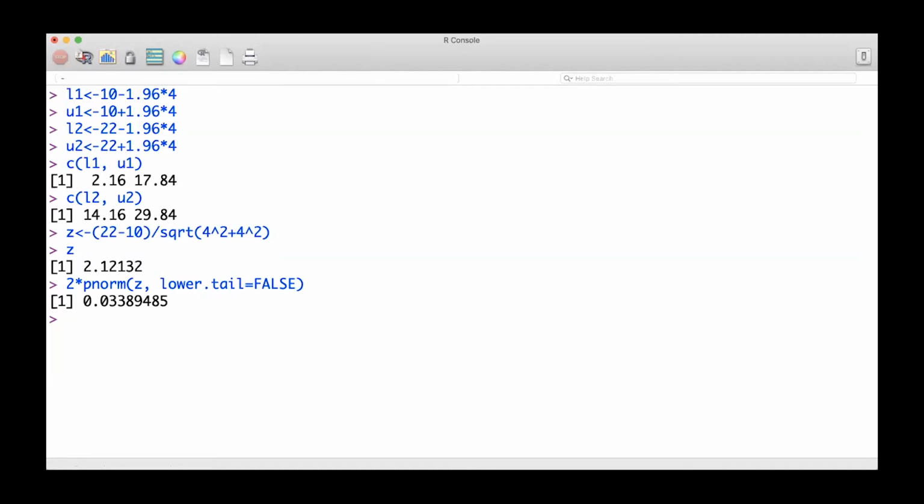Alternatively, we could calculate the 95% confidence interval for the difference. For the lower limit of the difference, we have our difference estimate minus 1.96 times the square root of the pooled standard error.